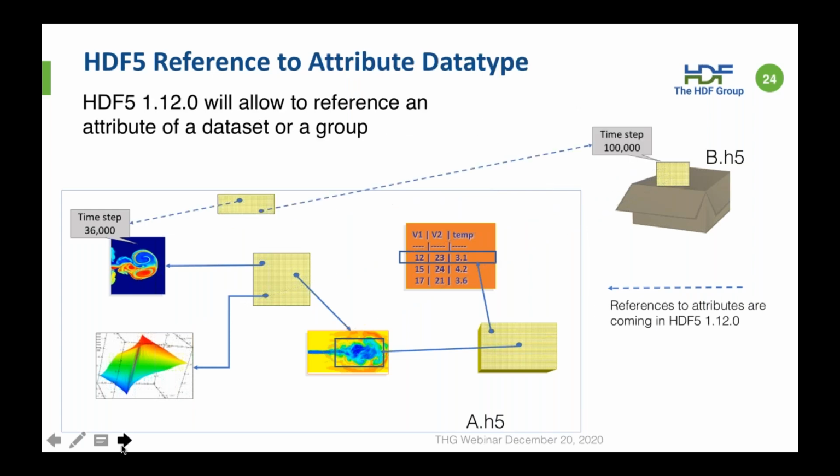We also introduced references to the attribute data type, which we never had before. So now you can not only reference objects like groups and datasets and regions in datasets, but you can also point to attributes attached to the dataset. For example, here, this dataset points to the time step attribute attached to the image.